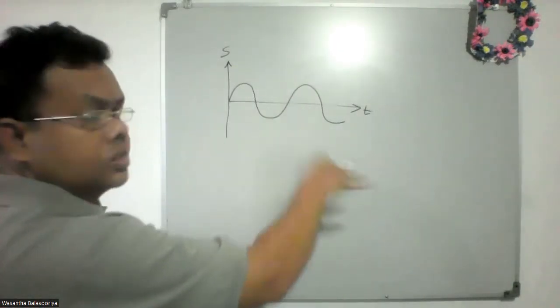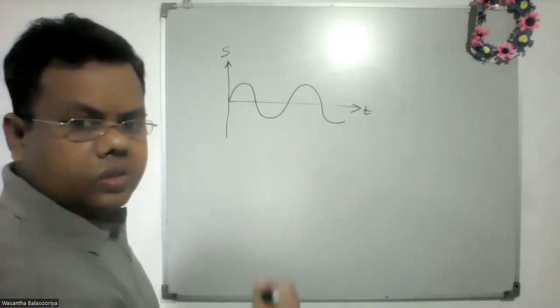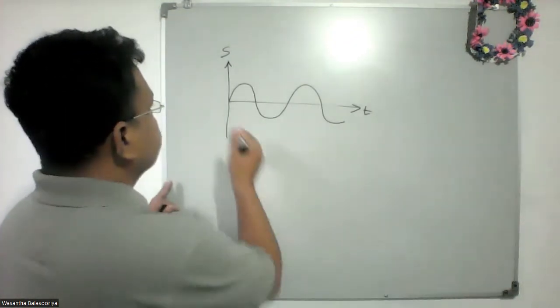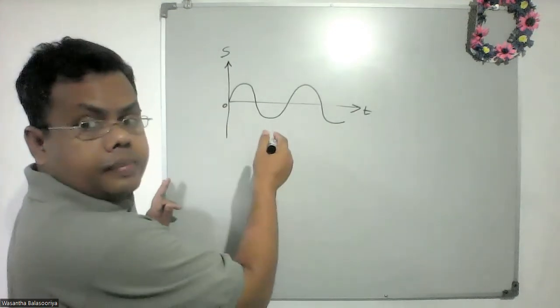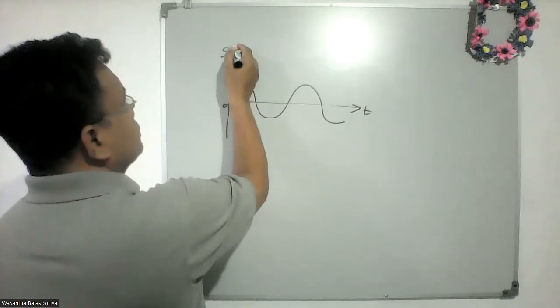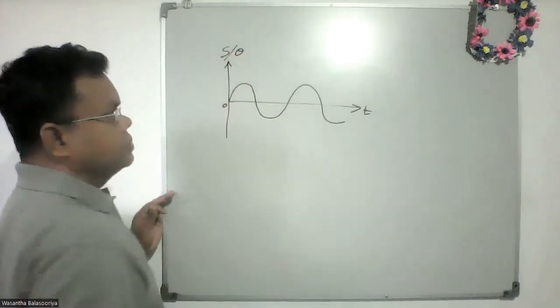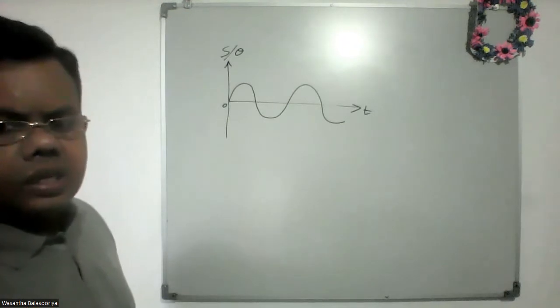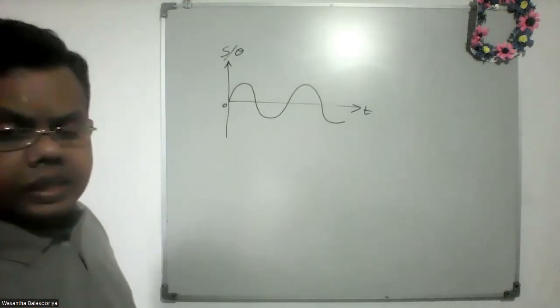This is called a sinusoidal form, equal to the variation of sine theta. The displacement may be either linear displacement or angular displacement. So the displacement time graph is a sinusoidal curve.